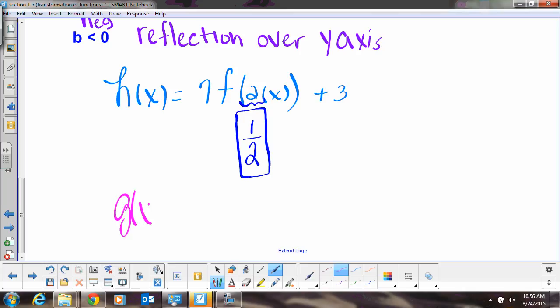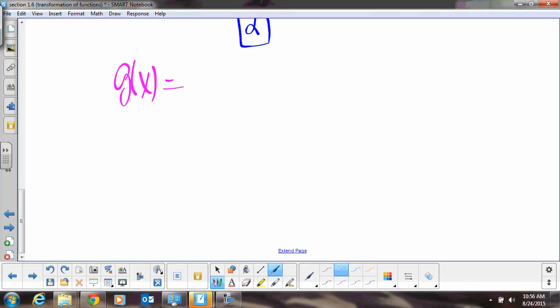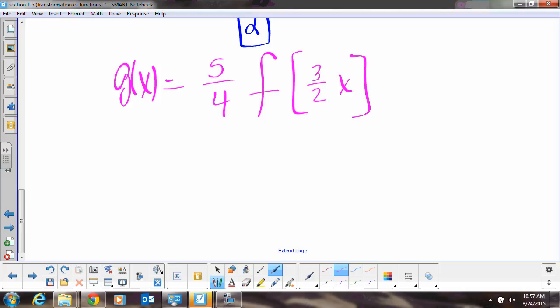Okay, so let's do another one. Suppose I have g of x equals 5/4 f of negative 3/2 x. All right.